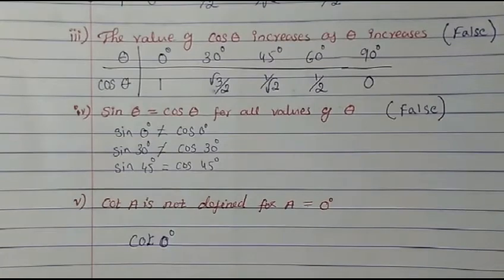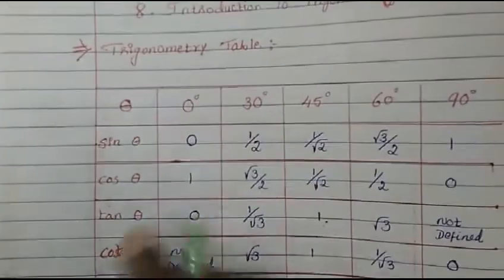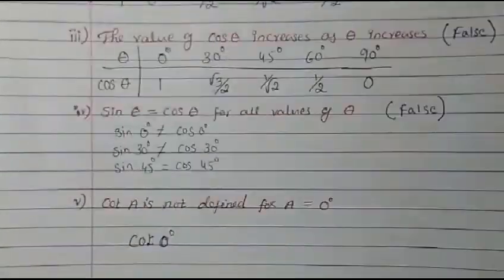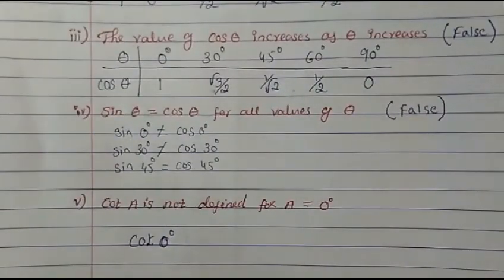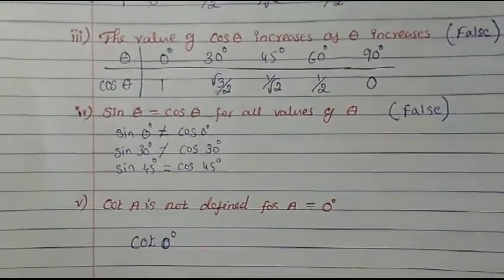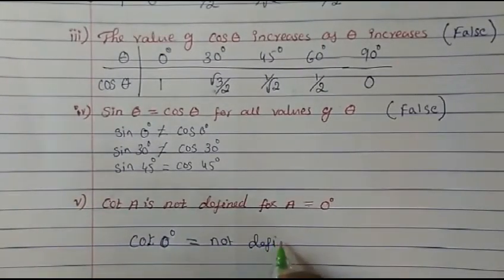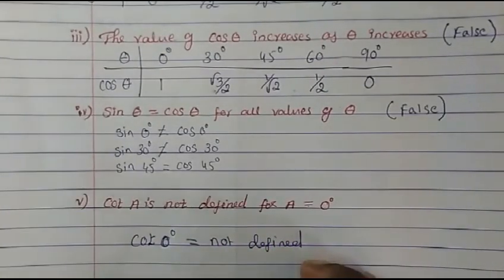So let us see. Cot 0 degree is how much? It is not defined. In trigonometry it is not defined.